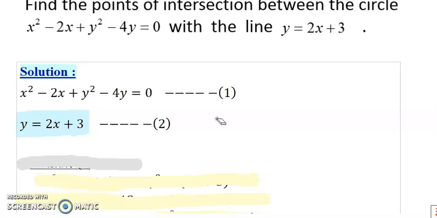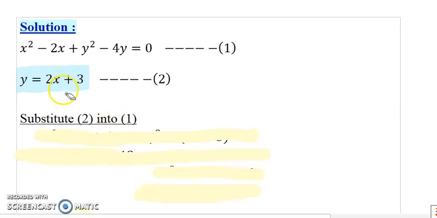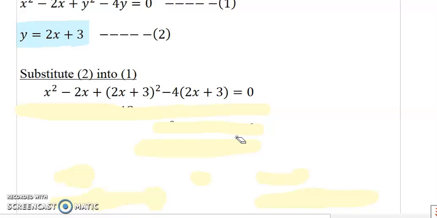We substitute equation 2 into equation 1, so all the y terms in equation 1 become 2x plus 3. The result is that only the variable x is left, y is gone. With only one variable, it will be easier for us to solve.